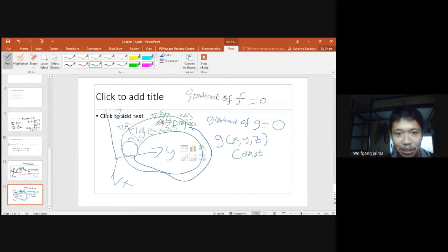So g is always constant. It means the gradient of g is kind of 0. But it is not that the gradient of f equals 0 or the gradient of g equals 0. That doesn't matter where, as long as in g, the gradient of g is always normal to the g. Makes sense, right? So remember that the gradient of g is always normal to the g.